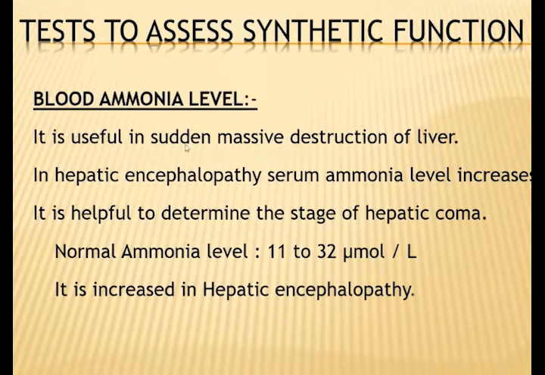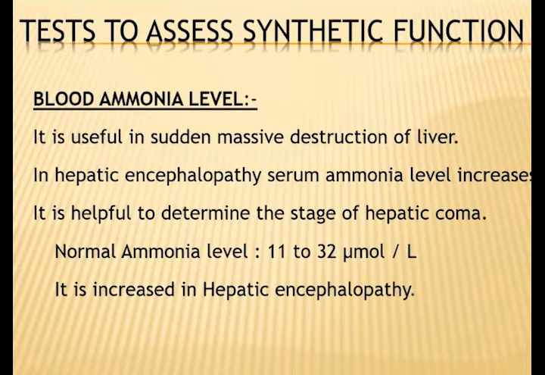It is useful in sudden, massive destruction of the liver, so you have to find out the ammonia level. In hepatic encephalopathy, the serum ammonia level will increase, and it is helpful to determine the stage of hepatic coma. Finally, the patient will go into hepatic coma if the ammonia level increases.